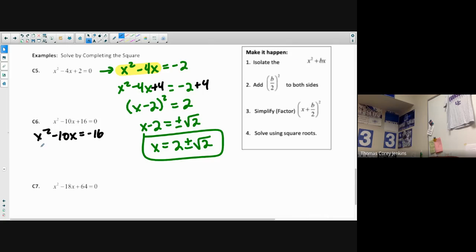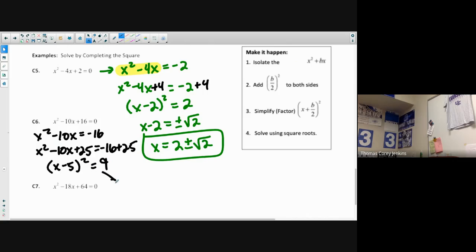So plus 25 to both sides gives me x squared minus 10x plus 25 equals, I'll go ahead and write that, -16 plus 25. Okay, or you could just write 9 there, right? Go ahead and factor this side. That's going to be an a minus b squared again because of that. So that'd be x minus 5 squared is equal to 9.